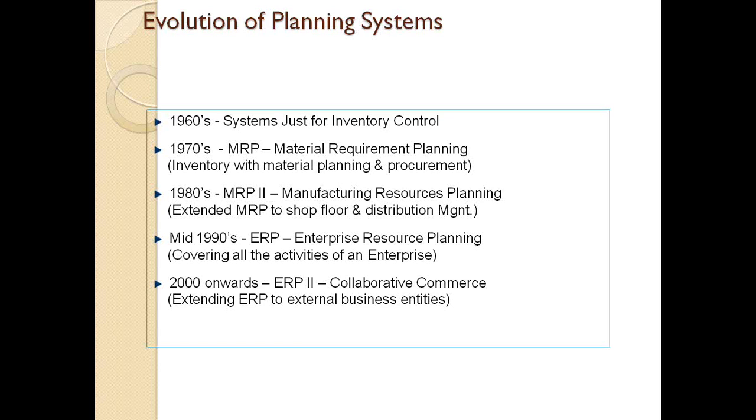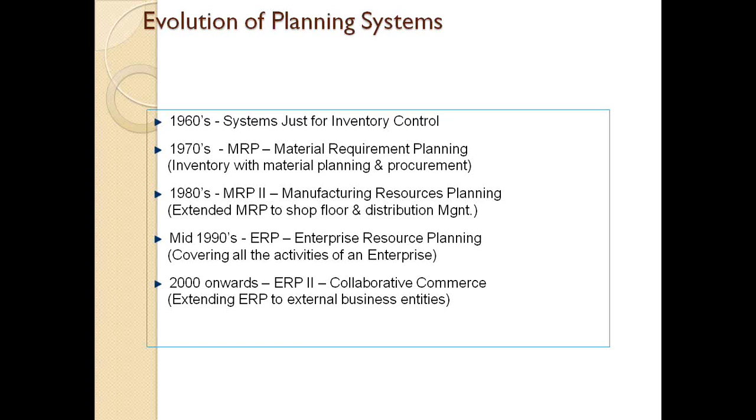But after that, manufacturing in 1970s, MRP or material requirement planning came, where you needed to do planning and procurement both along with the inventory control, which means purchase came into picture.